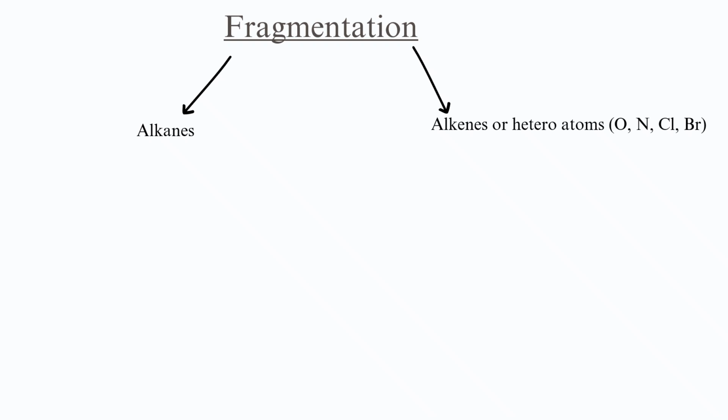Now, once we are done with ionization, the next step is to carry out the fragmentation. When we talk about fragmentation, there are questions based on alkanes, alkenes, and different organic compounds involving heteroatoms. So I have categorized this whole method of fragmentation into two categories. First is based on alkanes: how you are going to fragment them. And secondly, if you have alkenes or any heteroatom-containing compound, how you are going to fragment it.